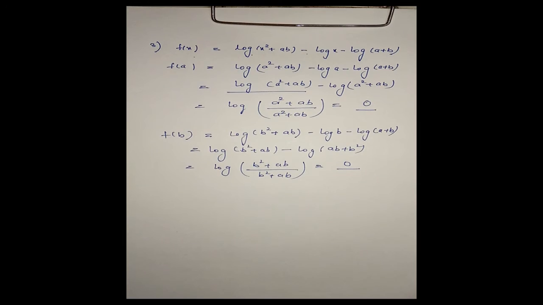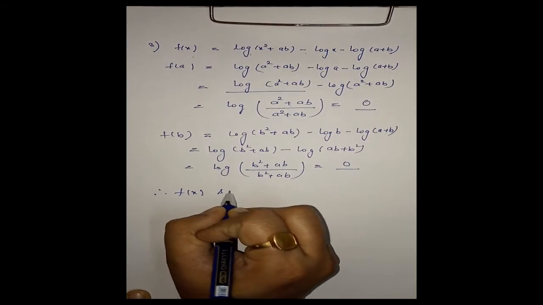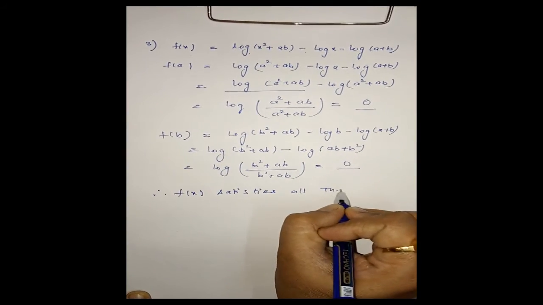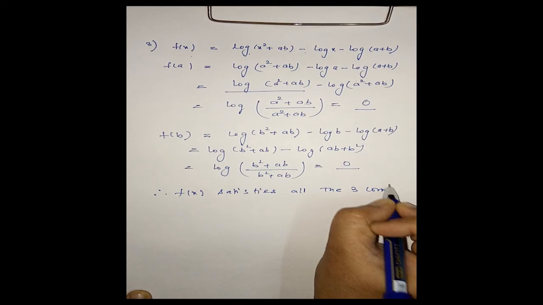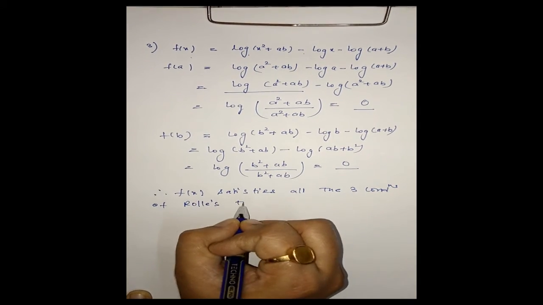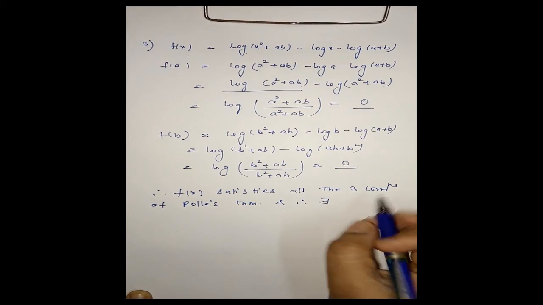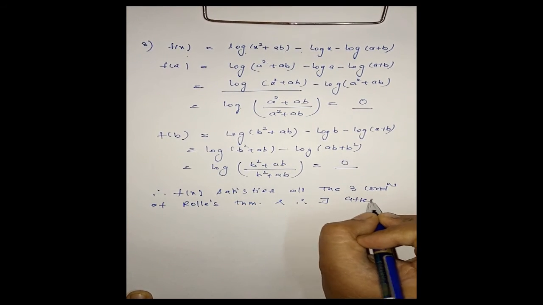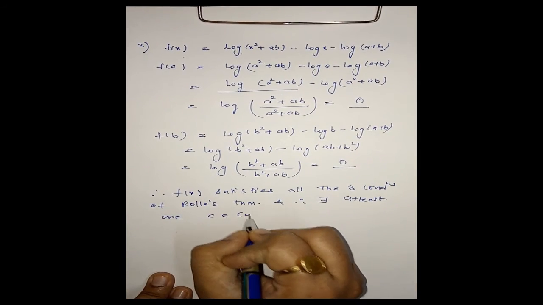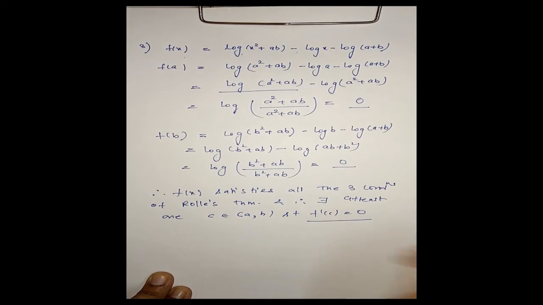Therefore f(x) satisfies all three conditions of Rolle's theorem, and therefore there exists at least one c in the open interval (a, b) such that f dash c is equal to 0.